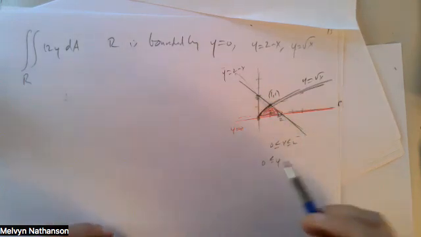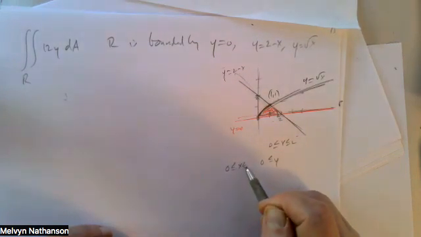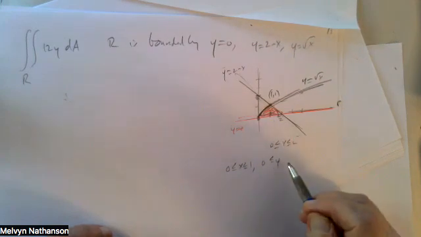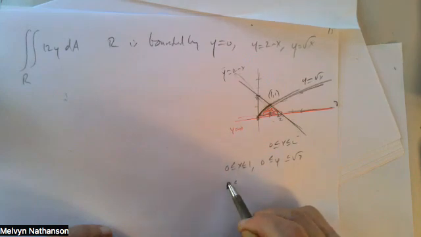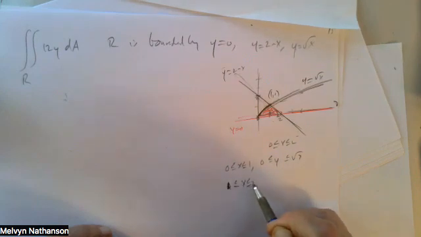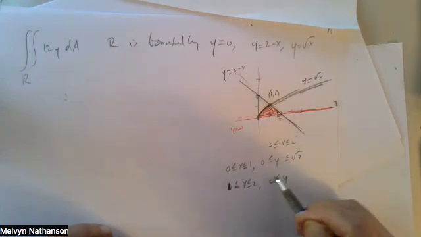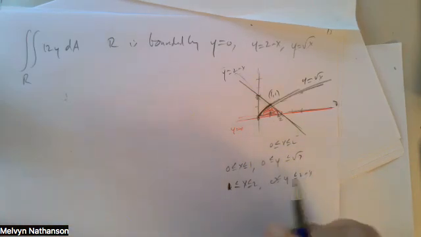For x between 0 and 1, y is between 0 and the square root of x. And for x between 1 and 2, y is between 0 and 2 minus x.